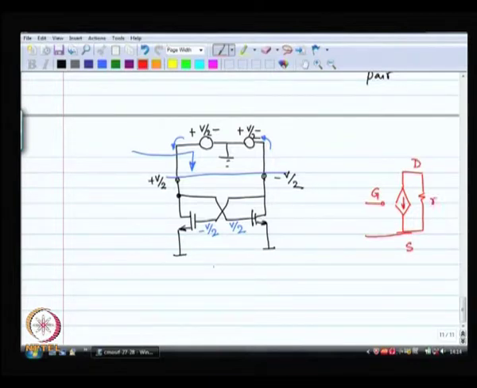This is the typical small signal model of the MOSFET.